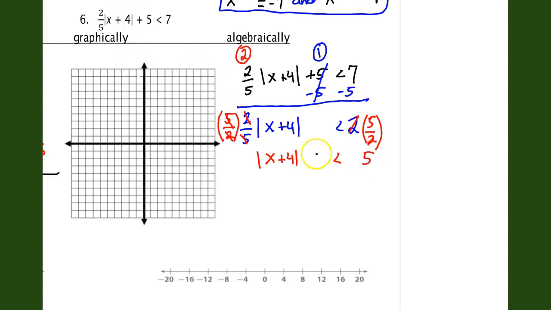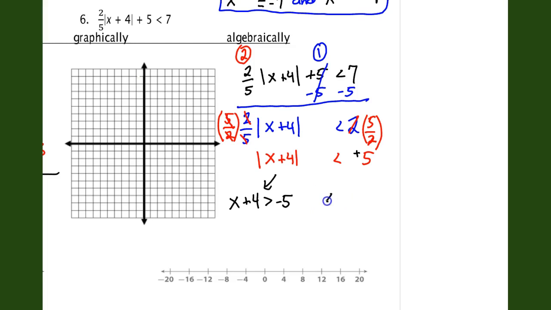All right, let's separate these two. We have absolute value of x plus 4, and it's going to be less than 5. So I'm going to have two answers. We're going to have, when is x plus 4 greater than negative 5? So both signs change. This is a positive, so I flip both of them for the first one.